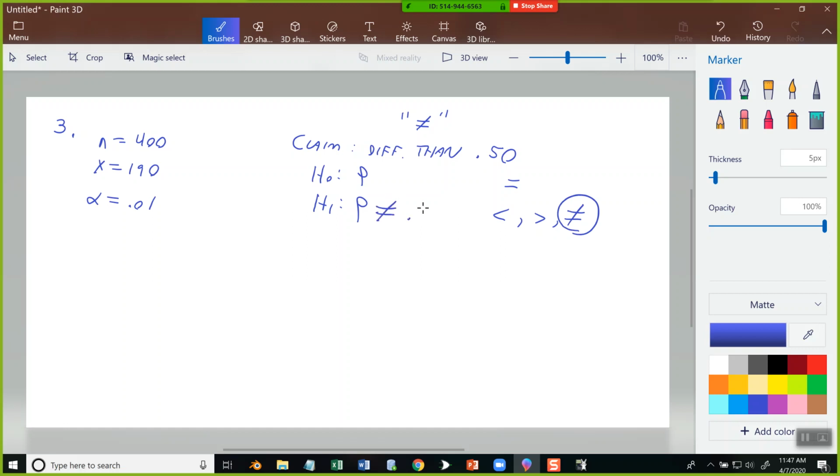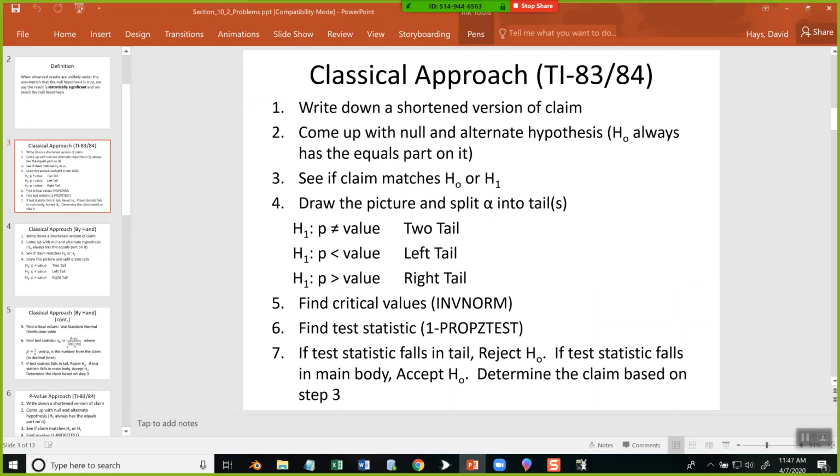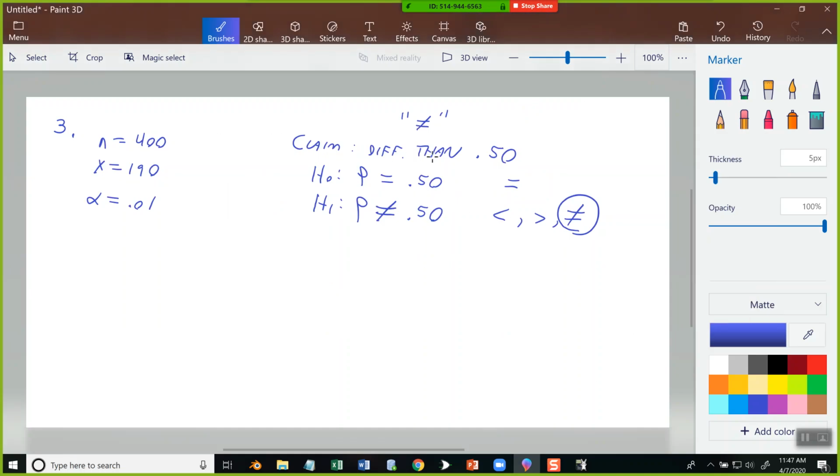So not equal to 50%. Again, you think of these as opposites of each other. This is not equal to, and the opposite of that would be equal. Step 3, see if your claim matches H naught or H1, and it's based upon the symbol. Since this is a not equal and this is a not equal, our claim matches H1.